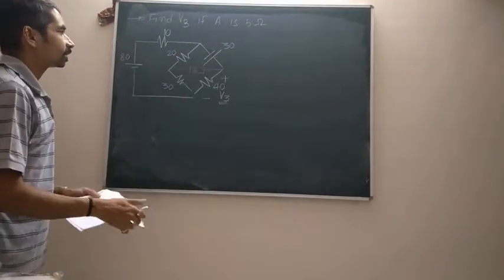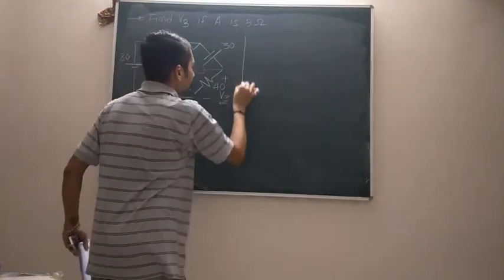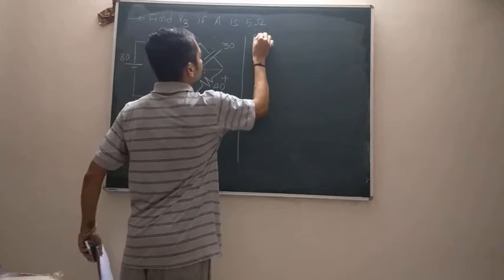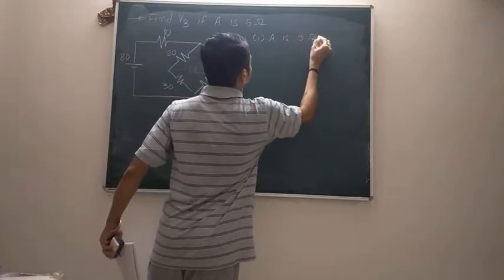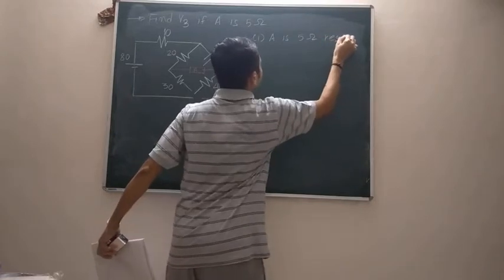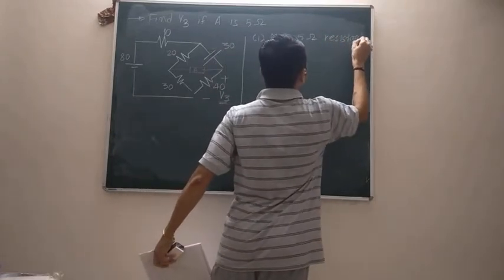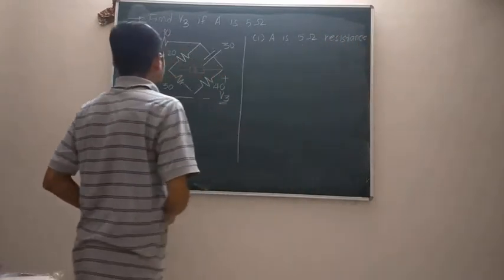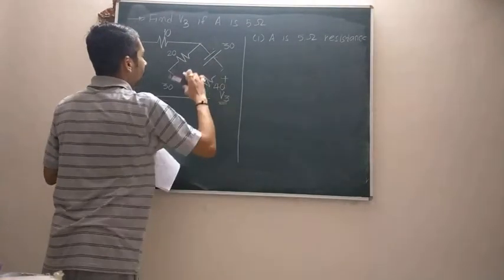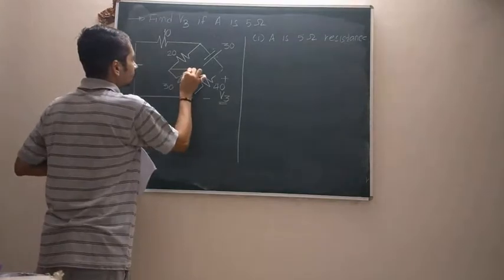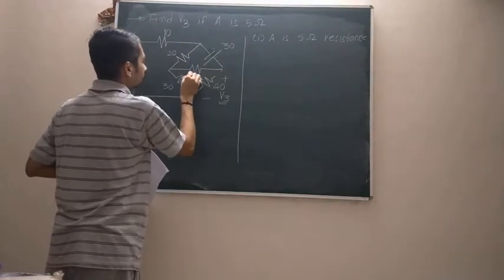Okay, let us try to analyze this circuit by considering first that element A is a 5 ohm resistance. So that means instead of that A, now I have to connect a resistor of 5 ohm.